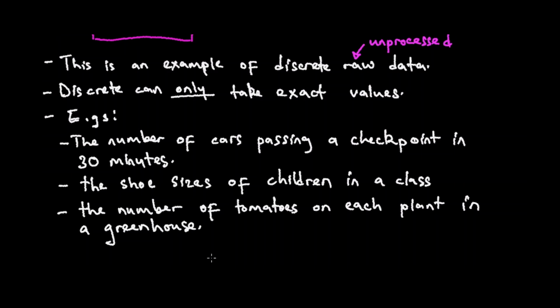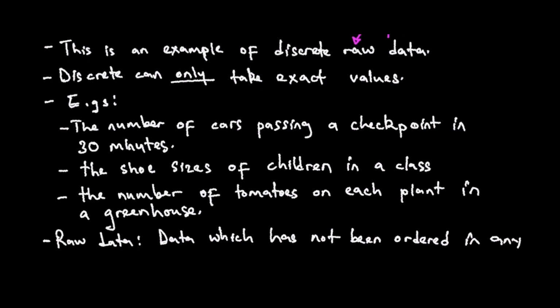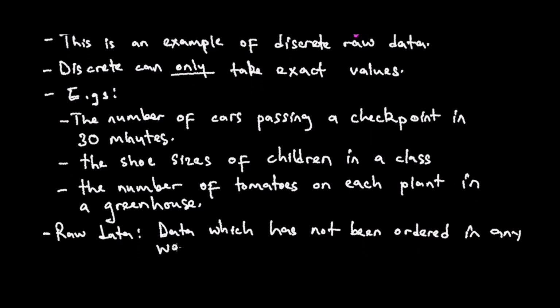The data are known as raw because they have not been ordered in any way. So when we say raw data, we are talking about data which has not been ordered in any way. Above we said unprocessed data, so being unprocessed means not ordered.